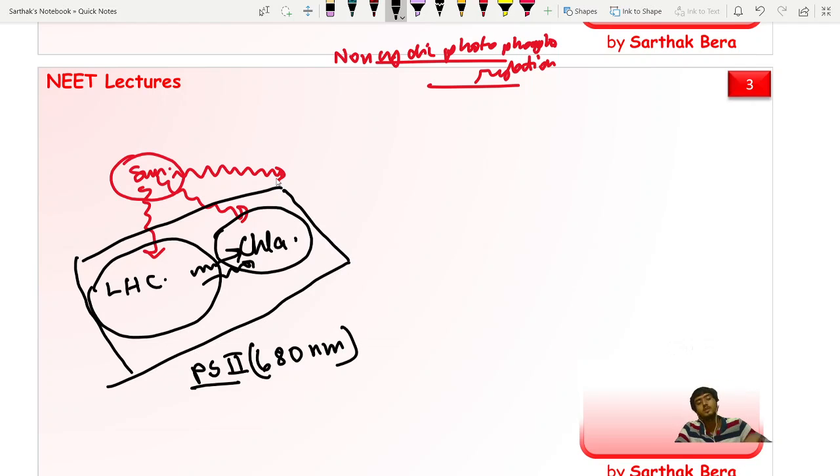So first there is the sun, and there is incident energy to photosystem 2, and this energy helps in splitting water into various components.